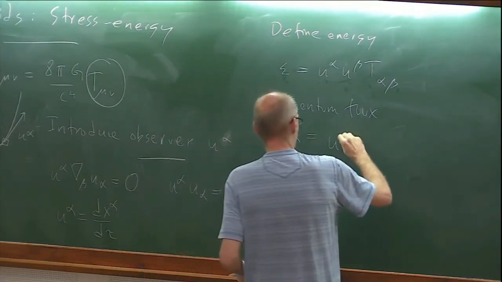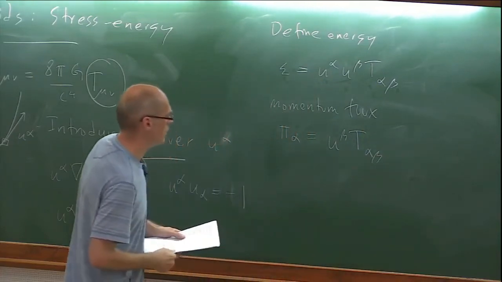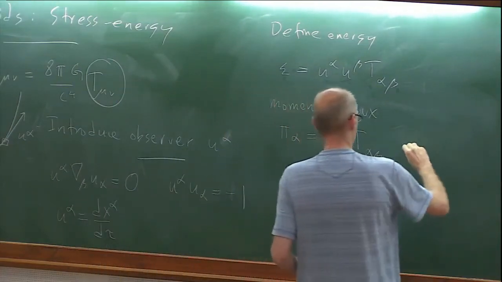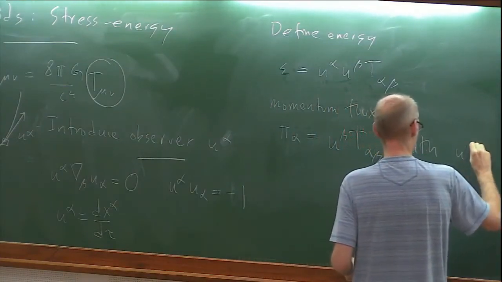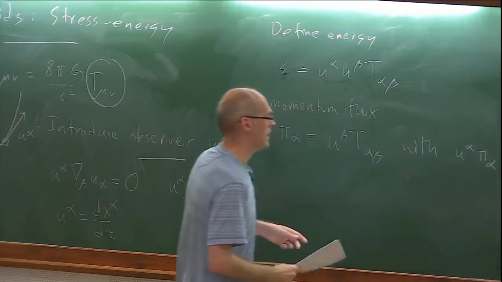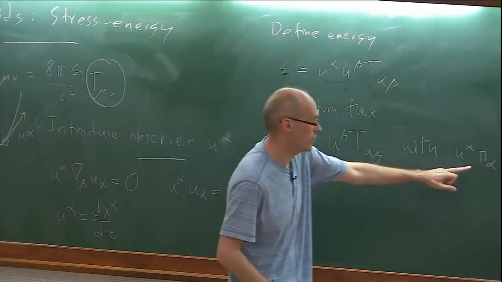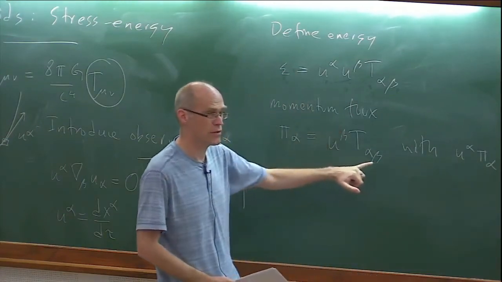And I'm going to define it simply as this contraction. And I want to make sure, so this is important, that it has no component along U. Right? So I could put the projection in here, making sure that this is orthogonal.